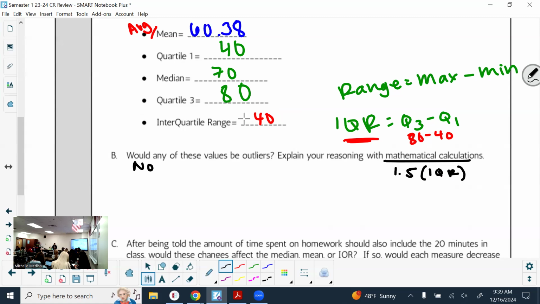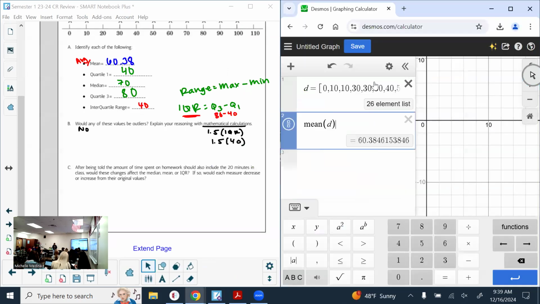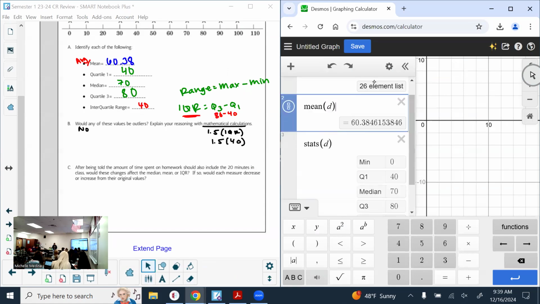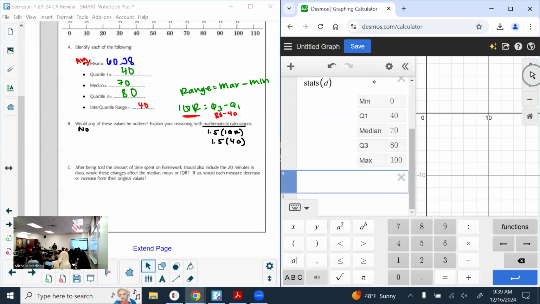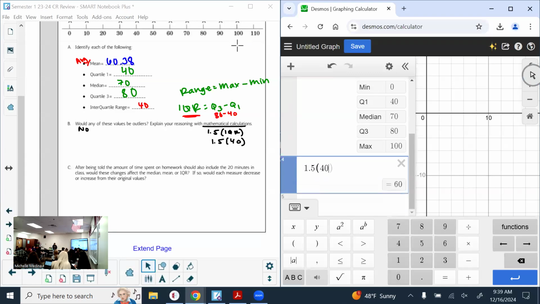So my IQR was 40. 1.5 times 40 is, that is going to have to be something else later. 1.5 times 40 is 60.